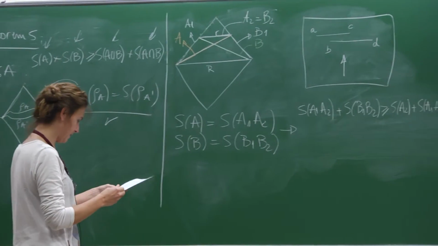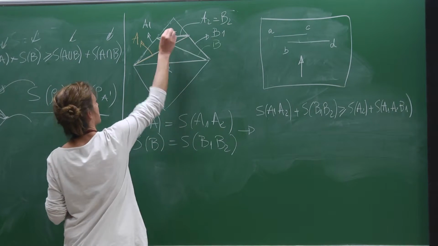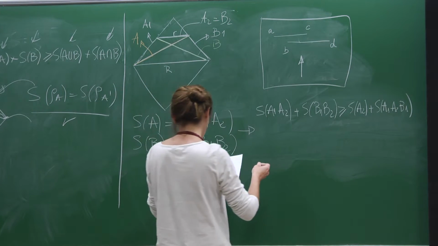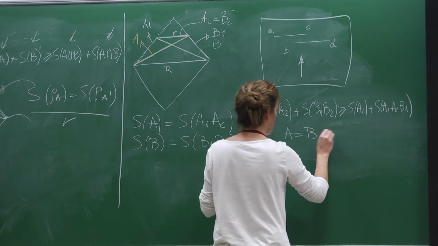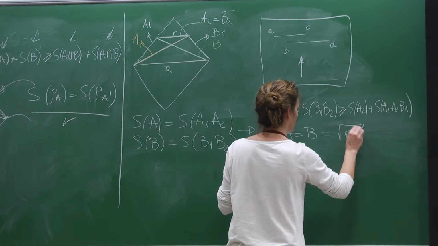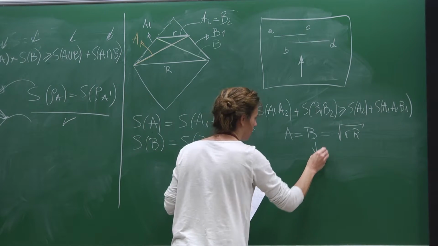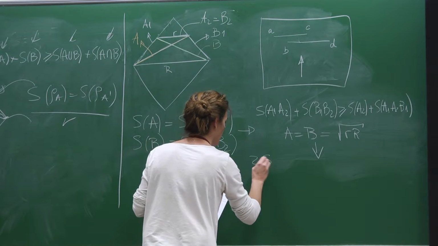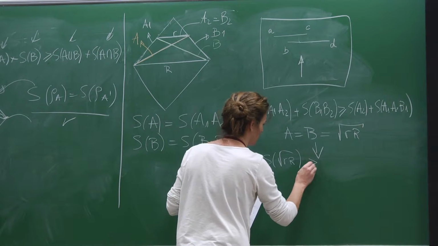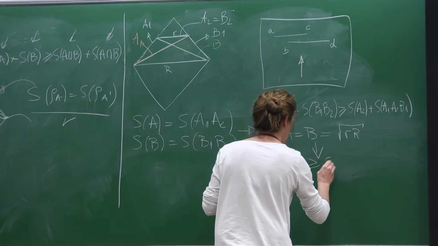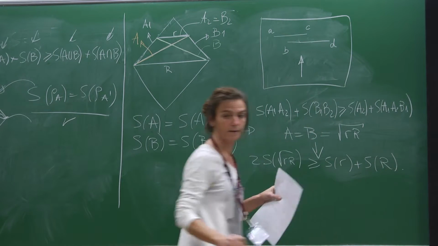And now if this is big R and this is a small r, we are choosing A equal to B equal to square root. Okay? So what you get is that twice S(r) has to be bigger than S(R). Okay?